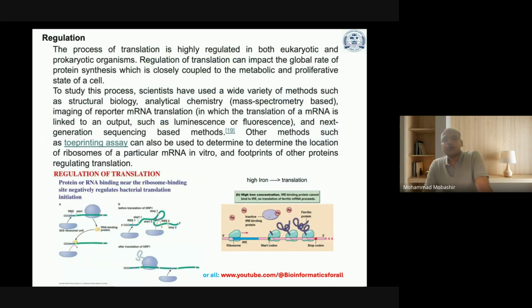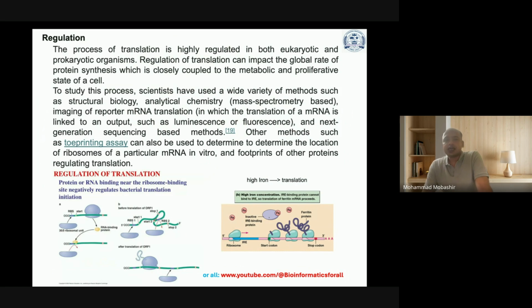Now, regulation: the process of translation is highly regulated in both prokaryotic and eukaryotic organisms. Regulation of translation can impact the global rate of protein synthesis, which is closely coupled to the metabolic and proliferative state of a cell. To study this process, scientists have used a wide variety of methods such as structural biology, analytical chemistry, imaging of reporter mRNA translation, and next generation sequencing based methods, that is NGS.